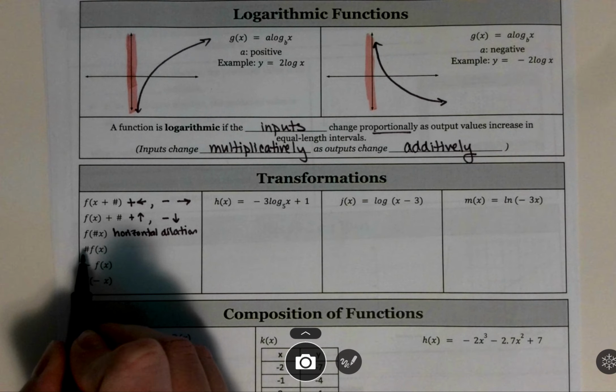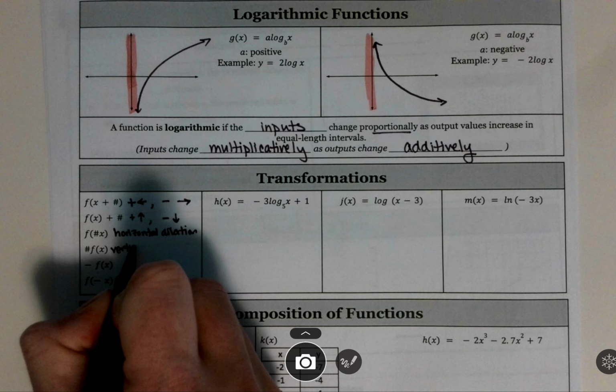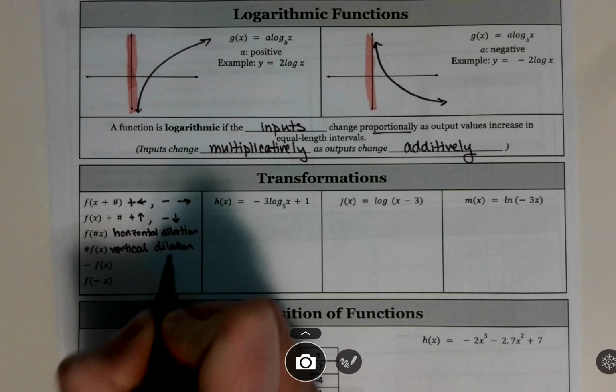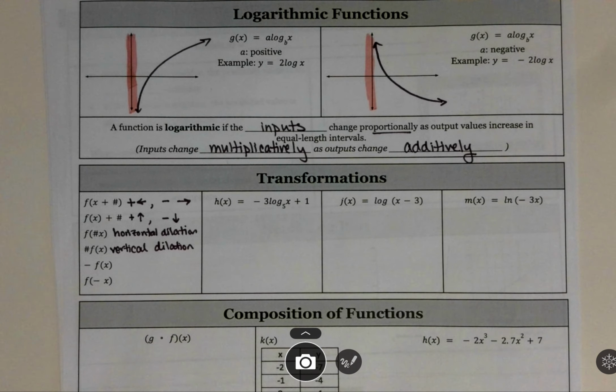If our number is outside, out in front, that is a vertical dilation. And this one's a little bit easier to remember because it makes sense in our brain. If we have a number like 2, 3, 5, anything bigger than 1, then it is going to be a vertical stretch.